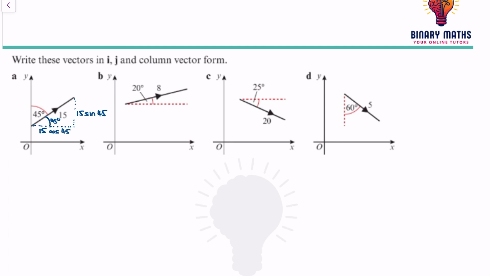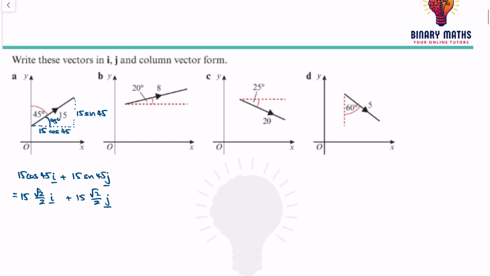You can use SOHCAHTOA to check that is correct. So my i component will be 15 cos 45, because i is moving horizontally, and my j component will be 15 sine 45 of j. That is equal to 15 times root 2 over 2 i plus 15 times root 2 over 2 j.